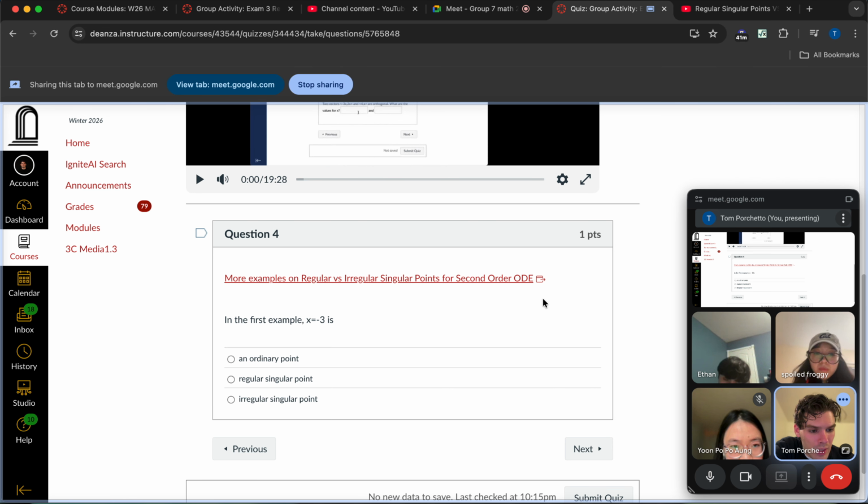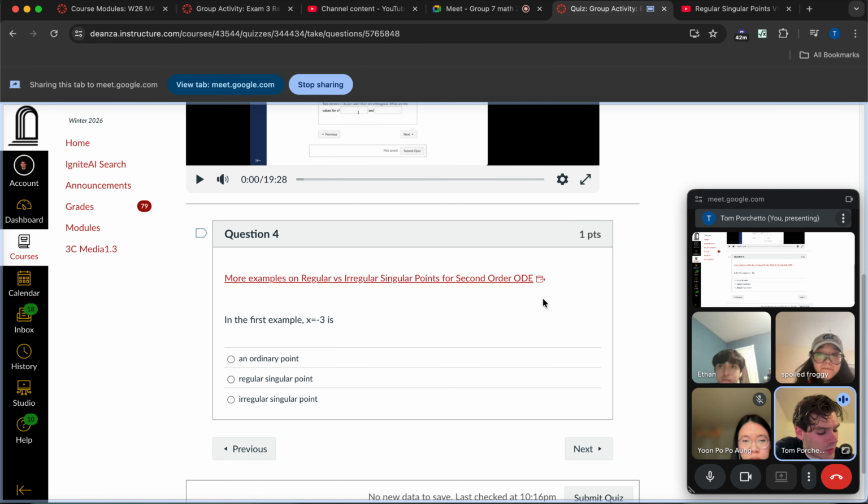So for y', I let the coefficient be p(x), and for y, I have the coefficient as q(x). Then I need to find the limit as x approaches minus 3 of (x plus 3) times p(x), and see if I get a number.